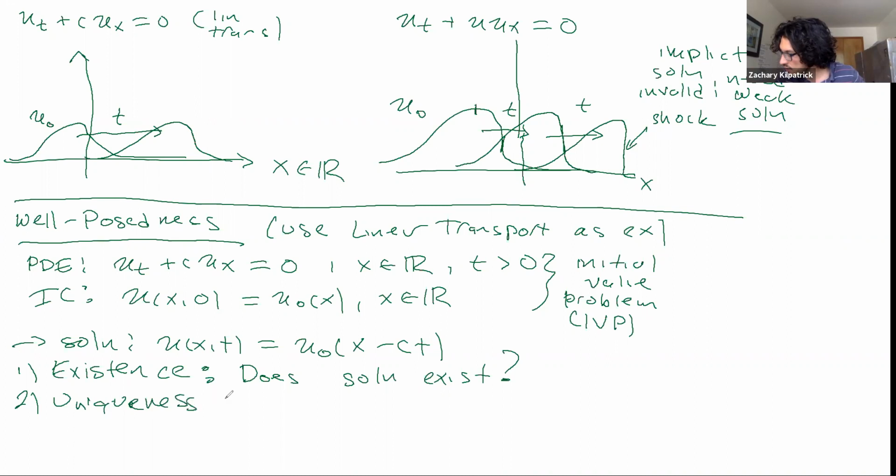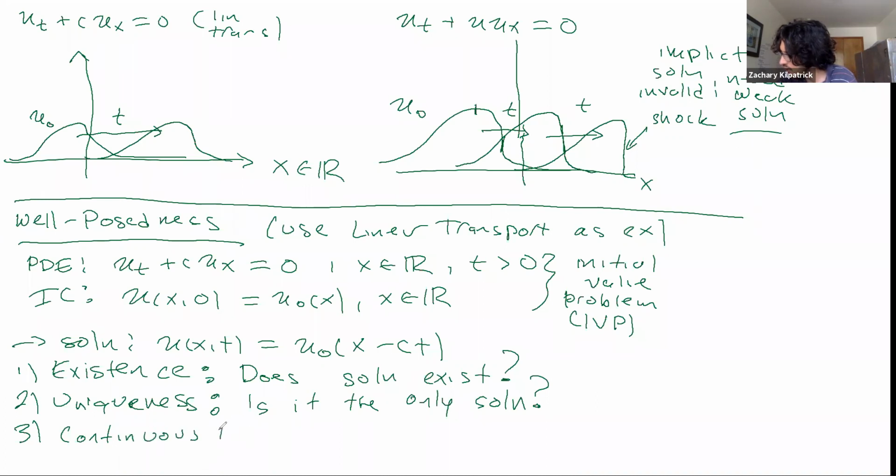Uniqueness poses the question, is it the only solution? Breaking this is not necessarily going to destroy your ability to interpret a model, but it's definitely going to complicate things. The first condition is really the kicker.